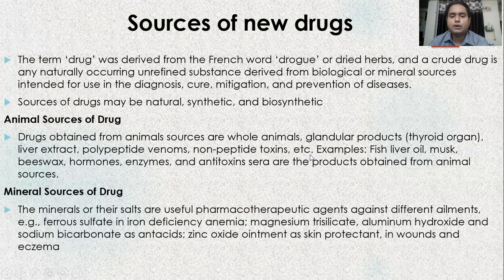You can directly obtain these animal source drugs and use them for the treatment of any disorder. The mineral source of drugs consists of minerals or their salts, which are useful pharmacotherapeutic agents. Examples are ferrous sulfate in iron deficiency anemia, magnesium trisilicate, aluminum hydroxide and sodium bicarbonate as antacids, and zinc oxide ointment as a skin protectant in wounds and eczema.